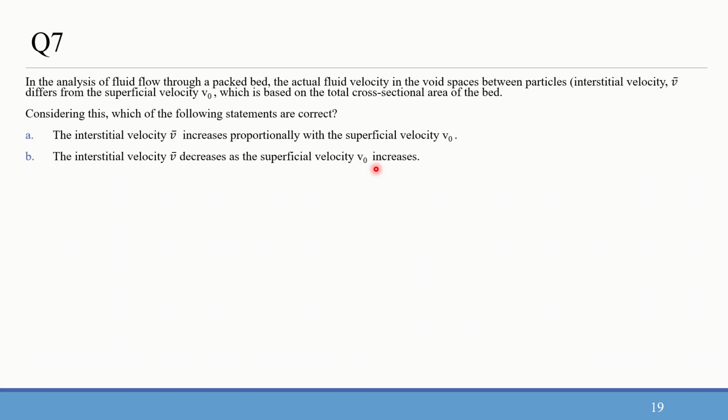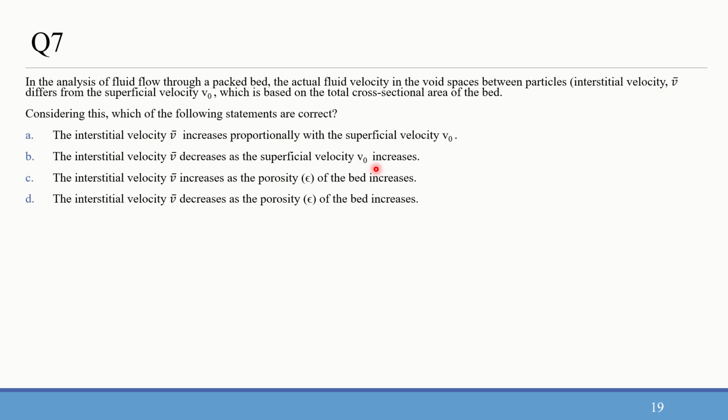Interstitial velocity decreases as the superficial velocity increases. Interstitial velocity decreases as the porosity of the bed increases, and interstitial velocity decreases as the porosity of the bed increases. I'll give you 1 minute because it is a theory question only. We'll discuss the answer after that. After this question, we'll take a 5 minute break.